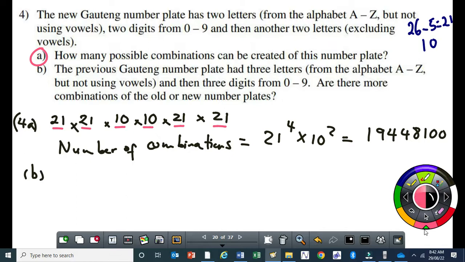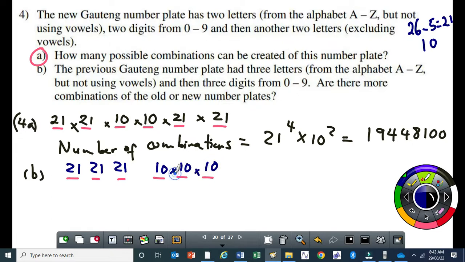The previous number plate still had 6 positions, but the first 3 were occupied by the letters, the 21. So you could have 21 here, 21 there, and 21 there. Then the last 3 you could have the digits: 10, 10, and 10.